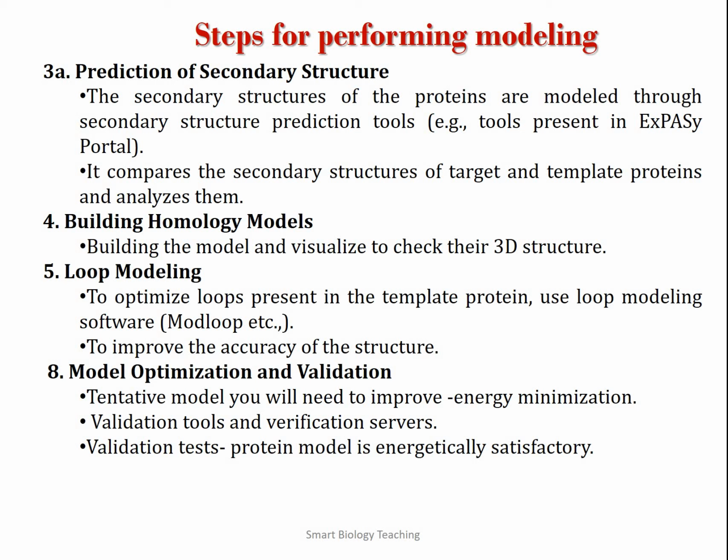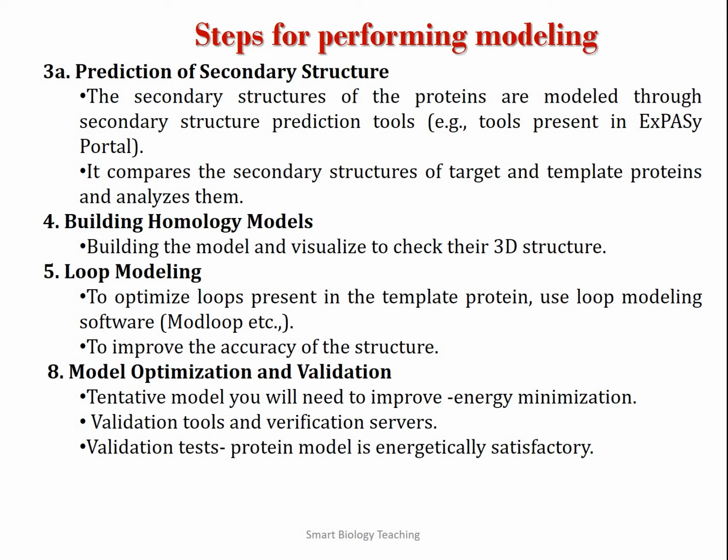Then you finally build your model, and after building you do loop modeling. You have your backbone generated, which can be visualized using a 3D structure tool, but you are supposed to optimize your loops, and loops are always going to bring variation.